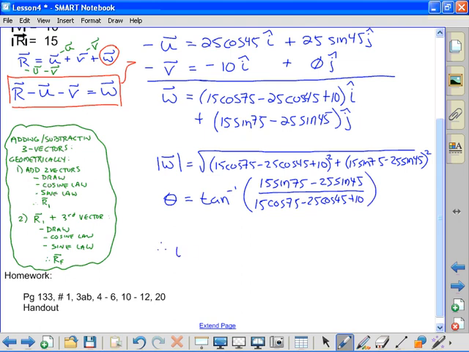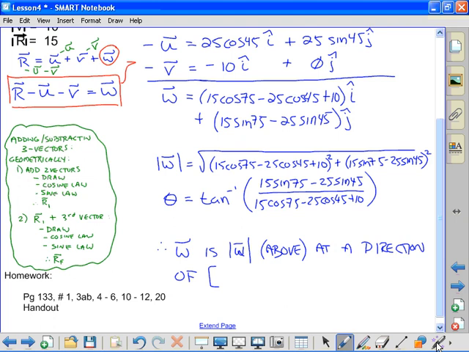So therefore, vector w is magnitude of w. Use the right symbol. Oops. Magnitude of w, and again from above, so I've stated it. Add a direction. So now I look at my direction here, and I make a decision. And this is where your estimation skills come in.